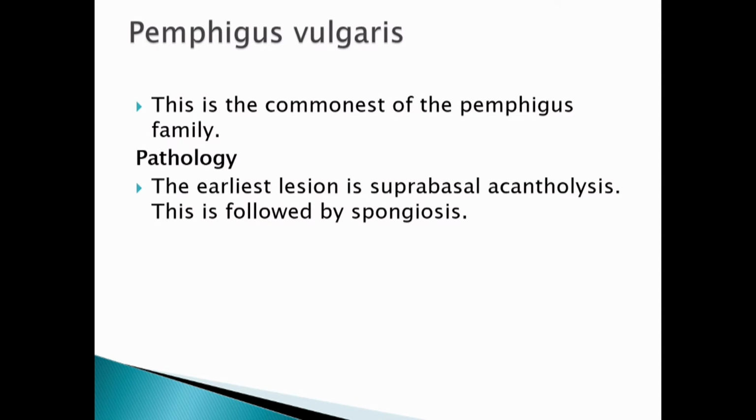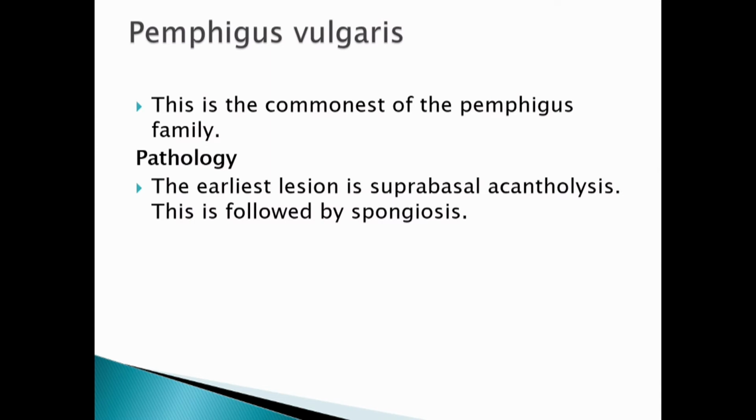So, when the antibody attacks the tonofilament desmosome complex, it leads to acantholysis. When fluid accumulates in this area, this is called spongiosis. So, we have acantholysis followed by spongiosis. In pemphigus vulgaris, it is suprabasal.